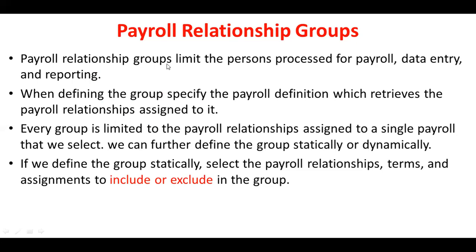The payroll relationship group limits the persons processed for payroll. So whenever I want to run the payroll for a group of people, we create a payroll relationship group. Within the object group, we choose the category payroll relationship group. Then the system will ask which employees you want to include or exclude, that is, the payroll relationships.